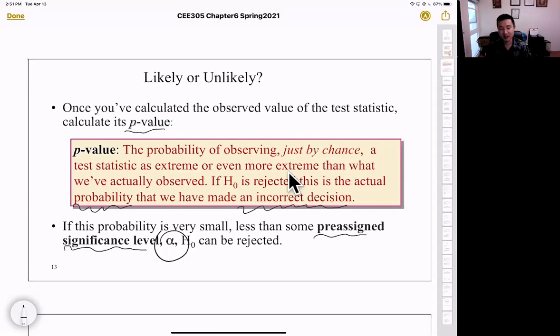If the question doesn't tell us alpha, normally we assume the alpha to be 5%. If the p-value is less than that alpha, then H0 can be rejected, and we say H1 is true.